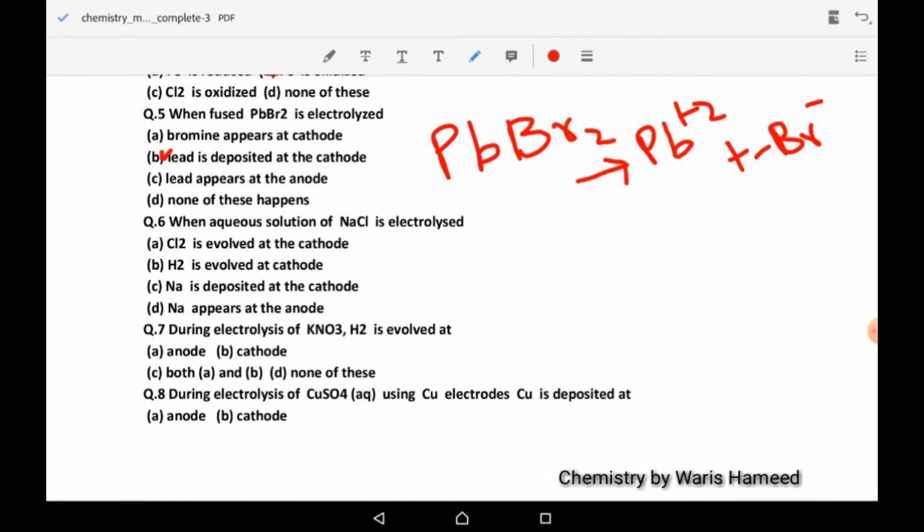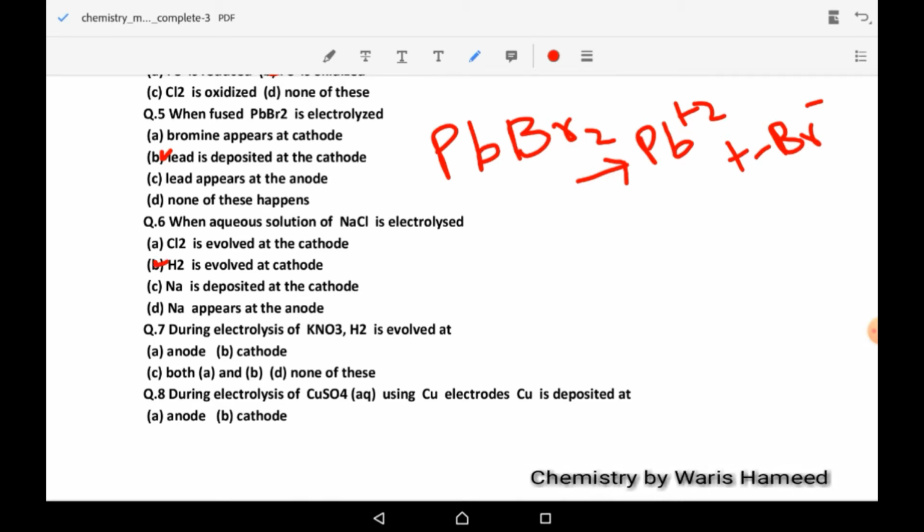In case of 6th MCQ, when aqueous solution of NaCl is electrolyzed, Cl2 is evolved at cathode, H2 is evolved at anode, Na is deposited at the cathode, Na appears at the anode. H2 will evolve at cathode. Why?